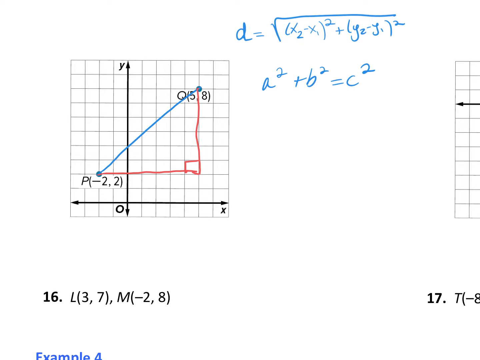But Pythagoras' theorem also allows us to find the missing length of a right triangle if we know the two other sides.